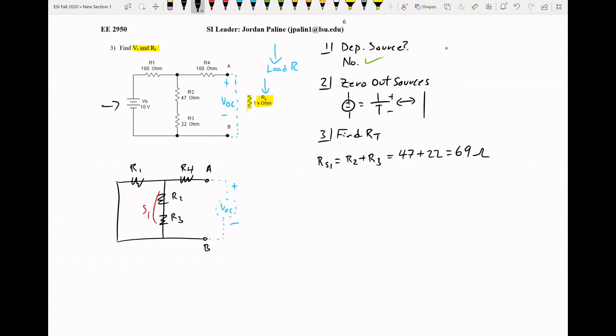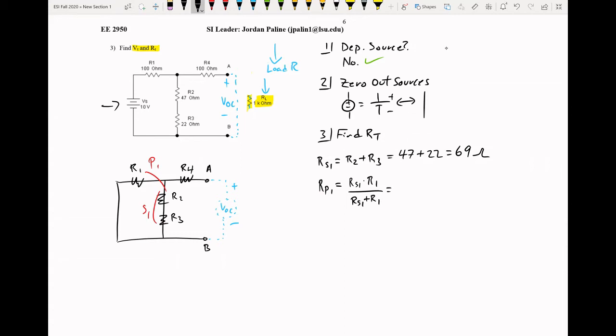And then we see that after we combine R2 and R3, these two are going to be in parallel. I'll call that parallel 1. So R parallel 1 is going to be equal to R series 1 times R1 over R series 1 plus R1.